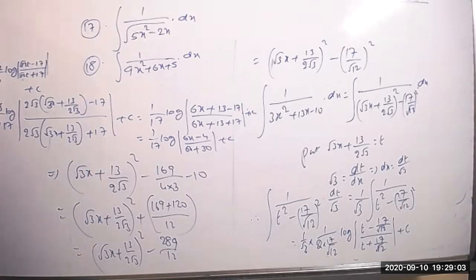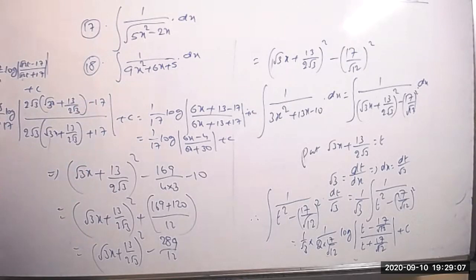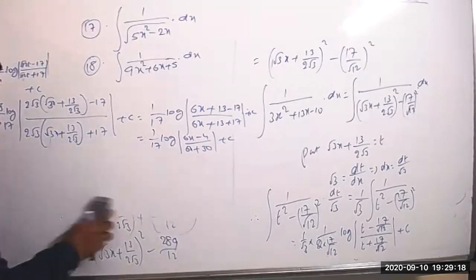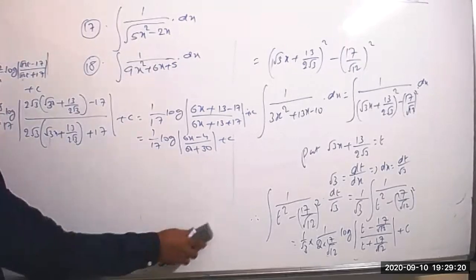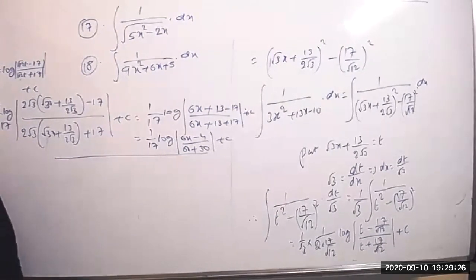The 17th one you can try later. First, all of you can start doing the 18th question. You can start the 18th question. The 17th question, when you're free, you can solve. Very easy only.